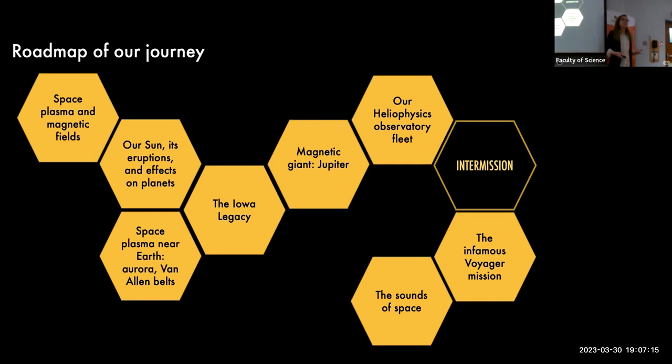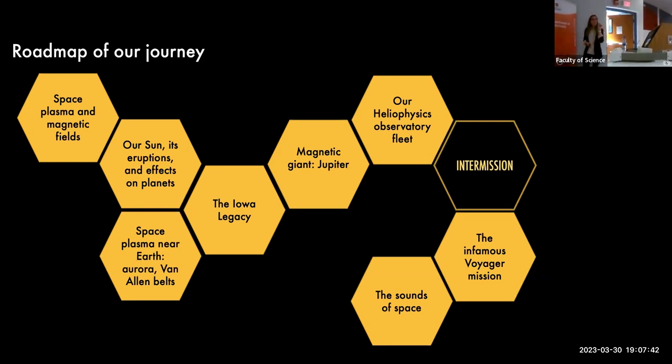I'm here sort of as a representative of the University of Iowa and all the space exploration that has been a part of that institution for so long. So I want to just touch on that a little bit. And then we're going to move out to a magnetically active planet, but a giant one, Jupiter, and just bring in how that is related to what we've been talking about. And then we're going to talk about our heliophysics observatory fleet as a whole.